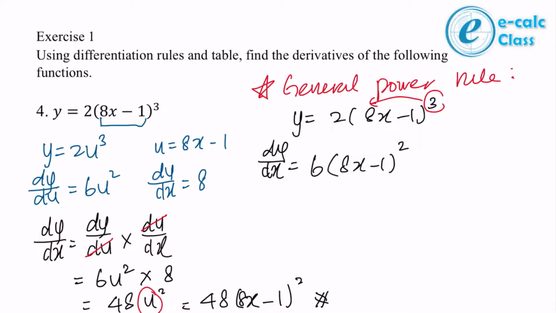Then you copy the inside function. Then you differentiate the inside function, which is actually the same. So this is the general power rule: you bring down the power, copy the inside function, power minus 1, differentiate inside.